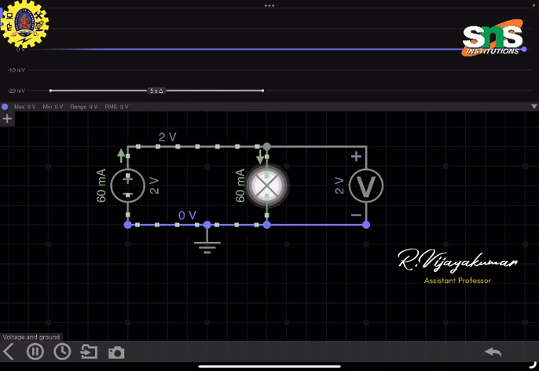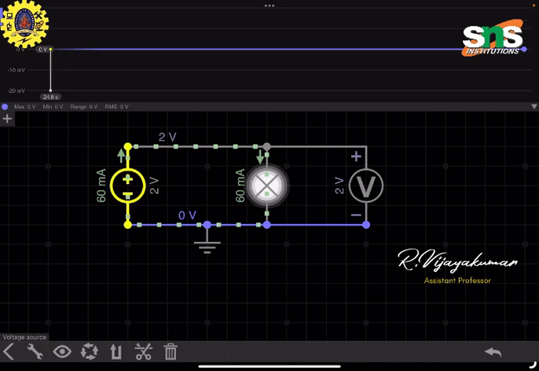At the same time, the voltage across the lamp is 2 volts. So 2 volts of potential energy is pushing the load to a higher power rating.